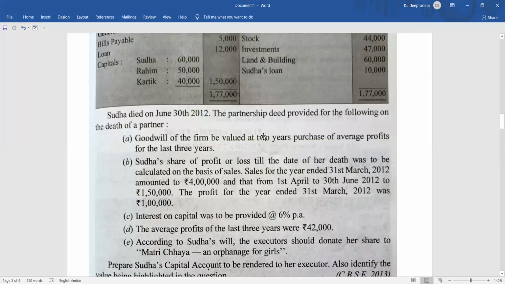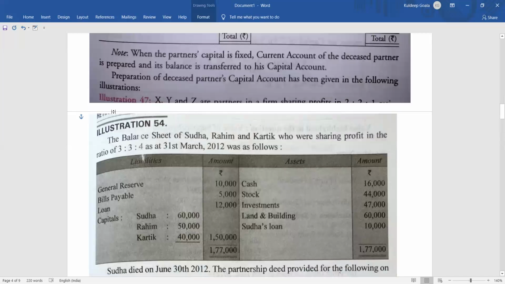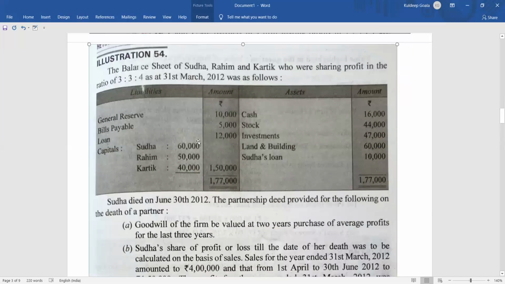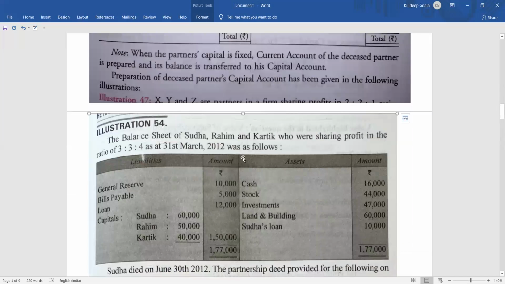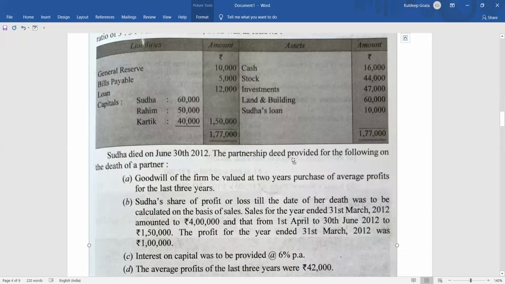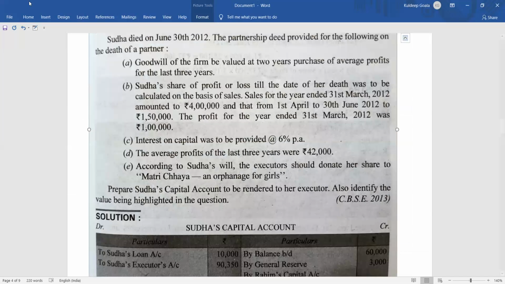Just a minute, I'll show you the calculation here so that you can easily understand how you are going to calculate this particular thing.